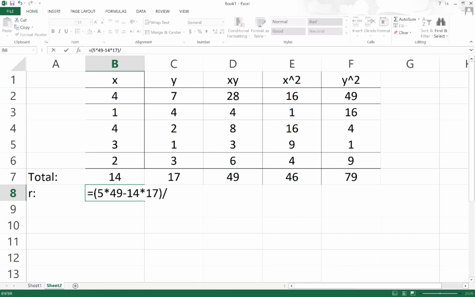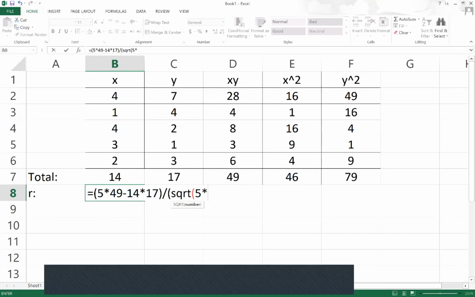Okay, now take out the numerator, and then now we have a square root n sample size 5 times summation x squared is 46 minus summation x 14 squared.